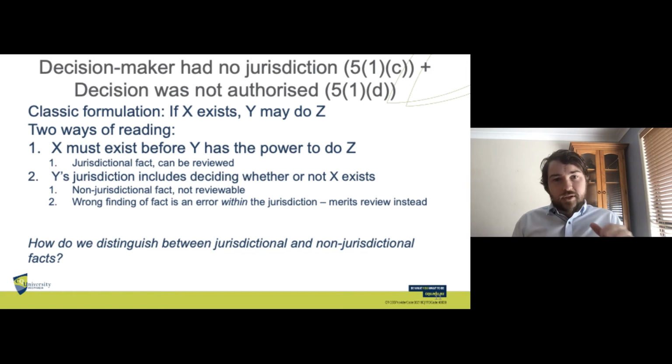The second way to read if X exists, Y may do Z, is that Y's jurisdiction includes deciding whether or not X exists. And this would be a non-jurisdictional fact because Y's jurisdiction isn't contingent on X existing. Instead, Y's jurisdiction includes deciding whether X exists or not.